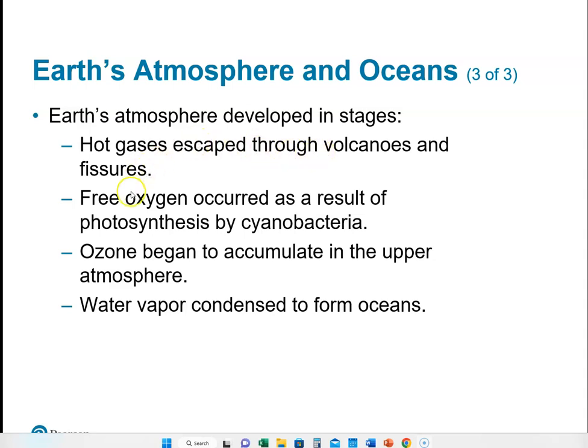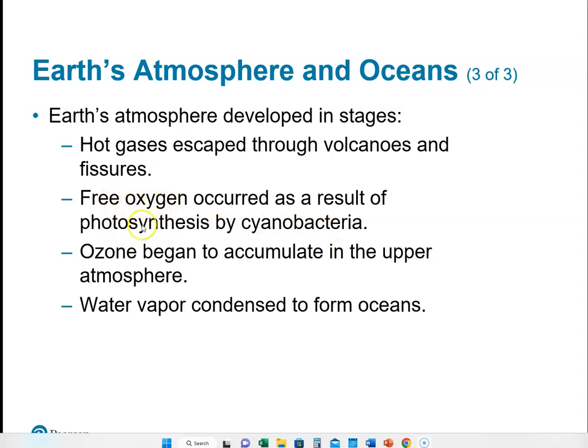And then during the Archean period, remember, this is deep into the Precambrian period that we talked about in the last chapter. During that time, this primitive form of life, the cyanobacteria, also known as the blue-green algae, began photosynthesizing.